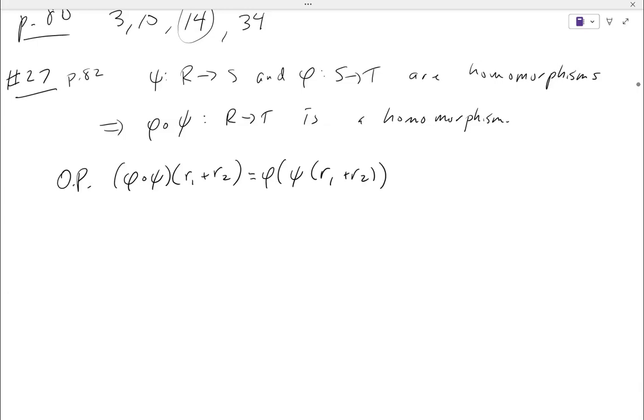And then what are we assuming about psi in this case? What kind of a thing is it? So how can we rewrite the inside? And then same thing for phi: we also assume that it's a homomorphism, so how can we rewrite that?